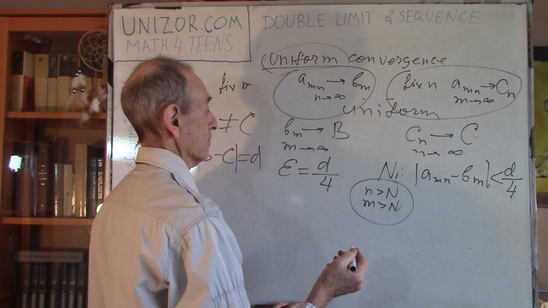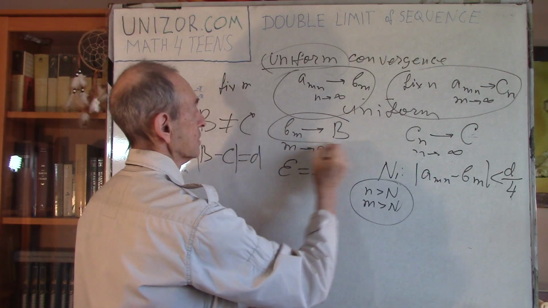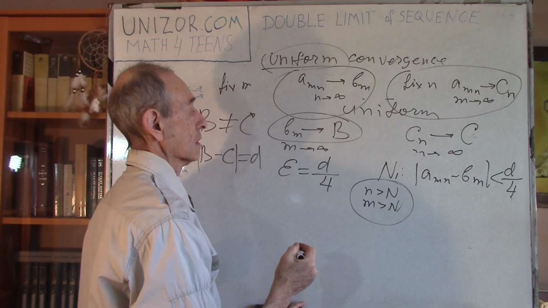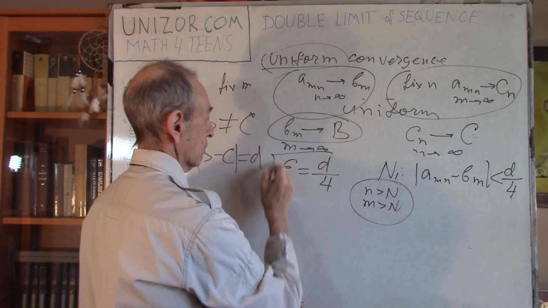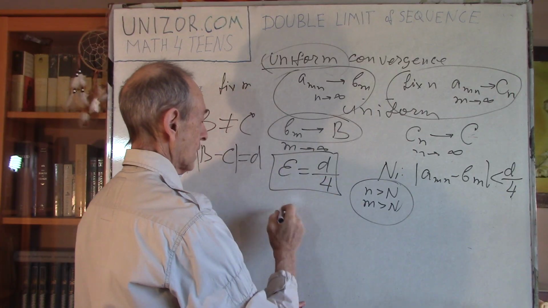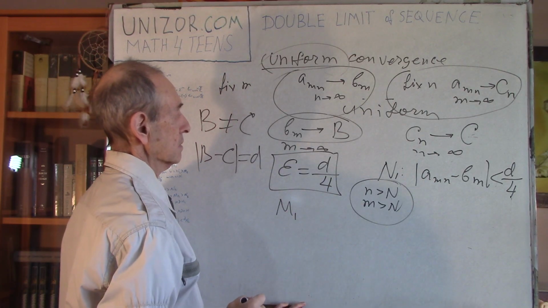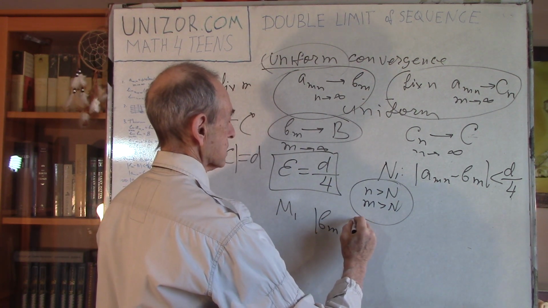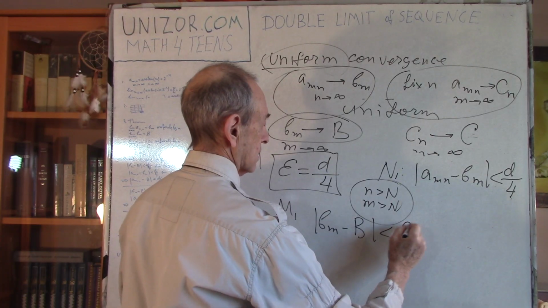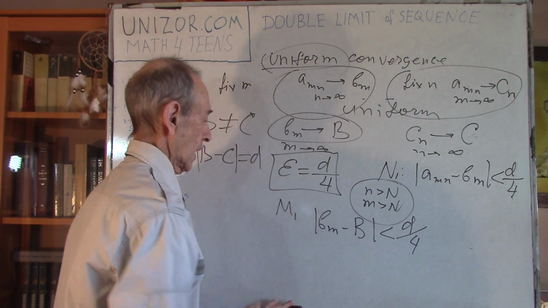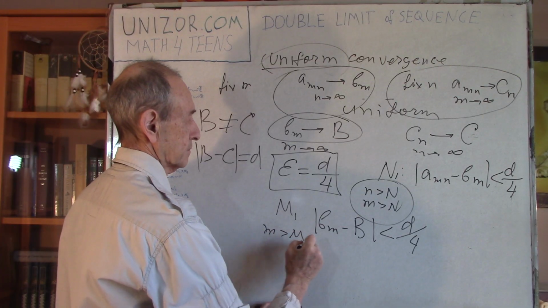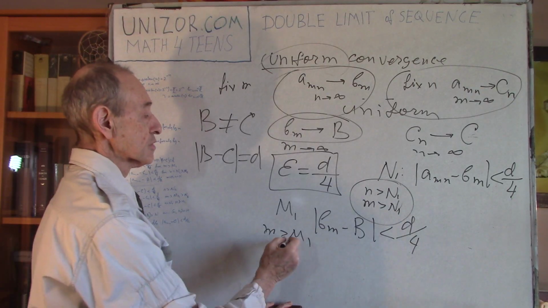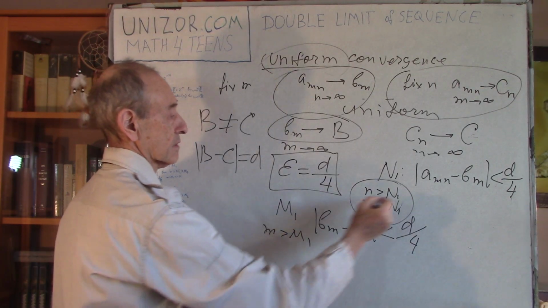Now, at the same time, I know that b_m goes to capital B as m goes to infinity, which means for the same epsilon equal to d over 4, I will find another number m, let's call it m1, such that the absolute value of b_m minus b is less than d over 4, right? If m is greater than m1. Let's choose m1 greater than n1.